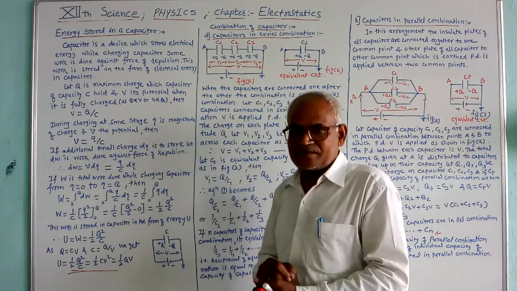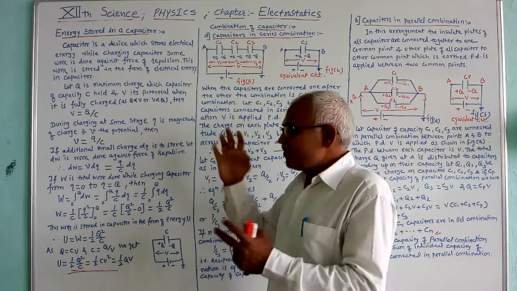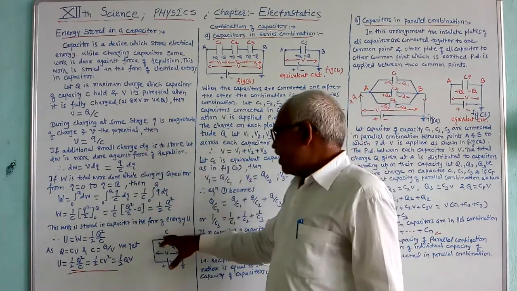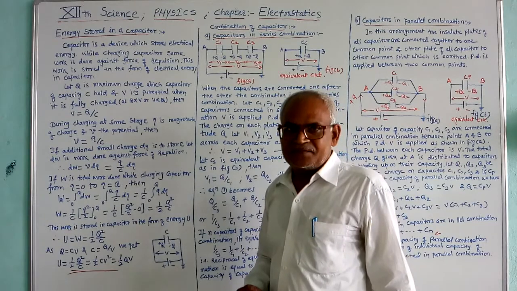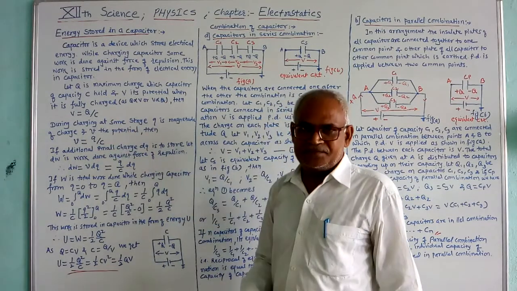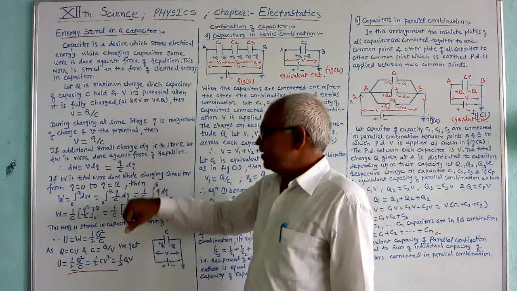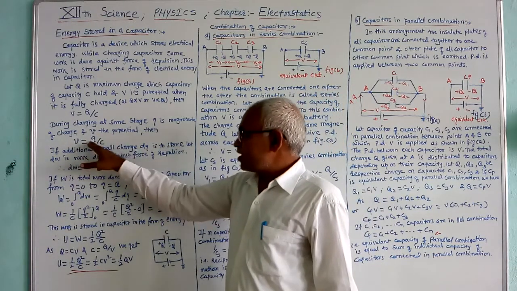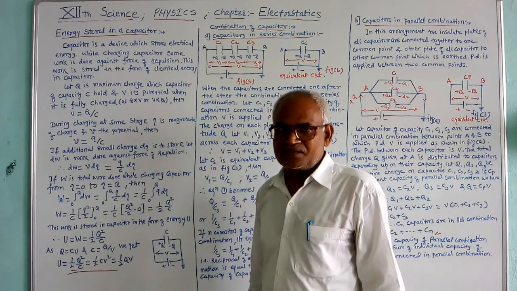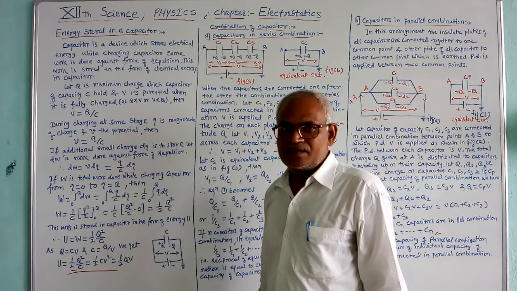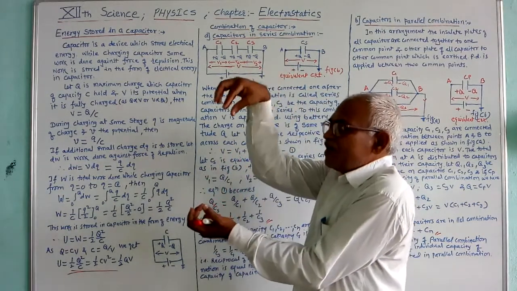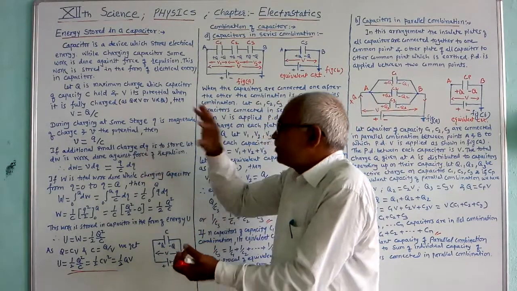Therefore at some moment, if small q charge is present in this capacitor, and at that time small v is its potential, then the potential is equal to q by C, where C is the capacity.